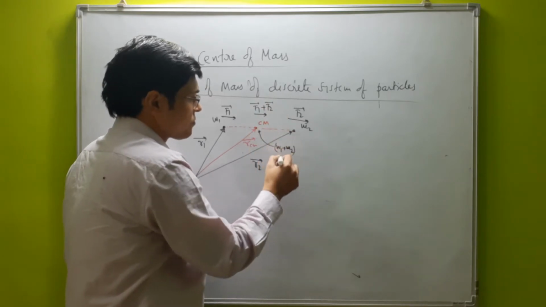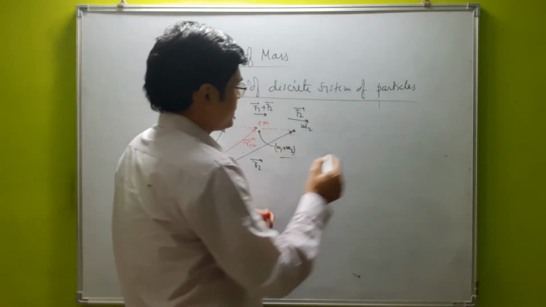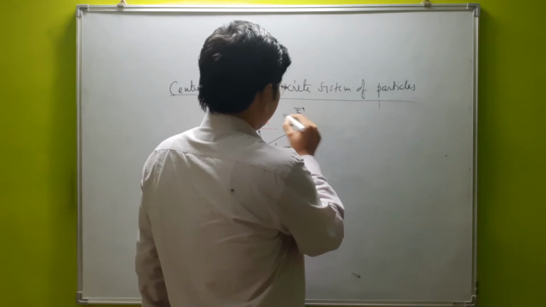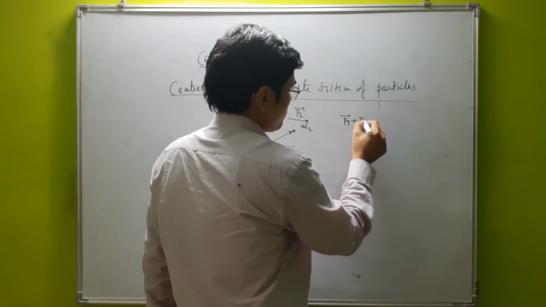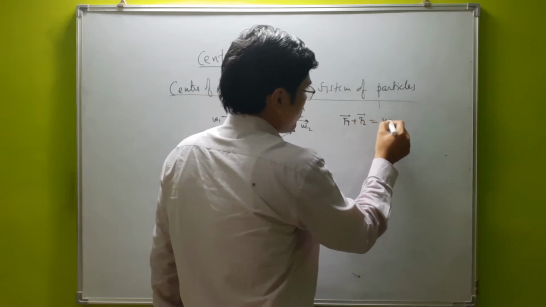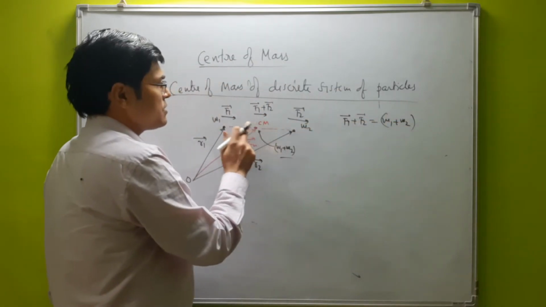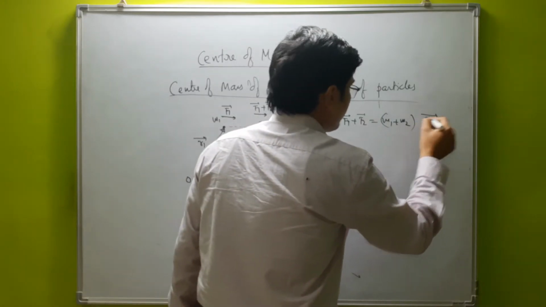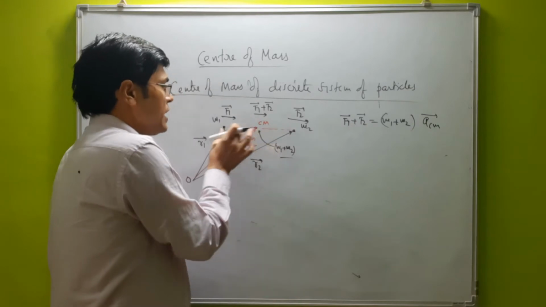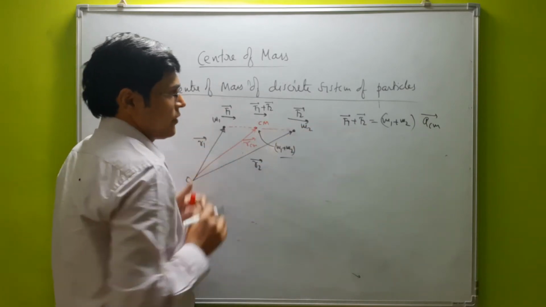So we can write F1 plus F2 equals m1 plus m2, and of course this would be the acceleration of the center of mass, because we have assumed that at this point the center of mass of these two particles exists, right?